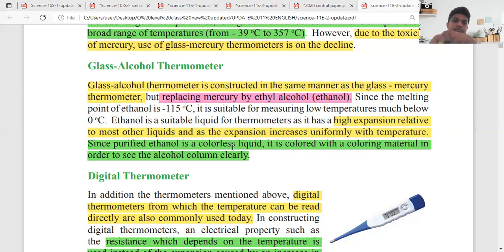First point: glass alcohol thermometer is constructed in the same manner as the glass mercury thermometer.